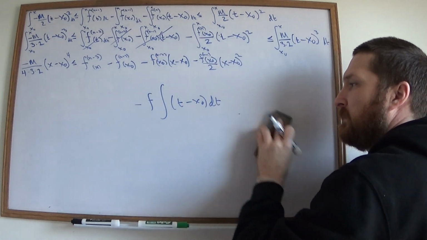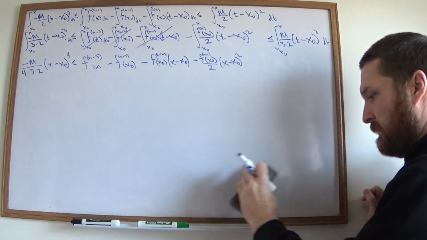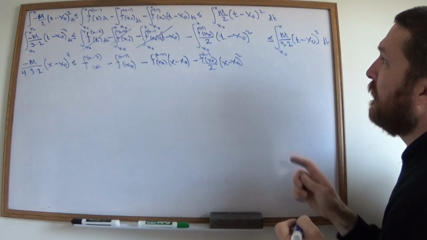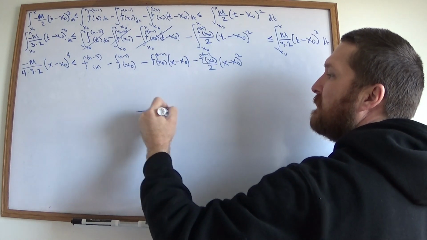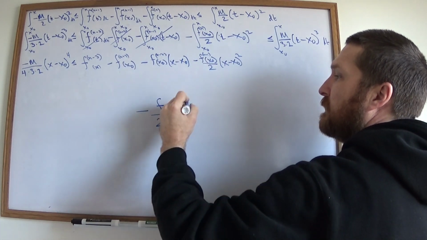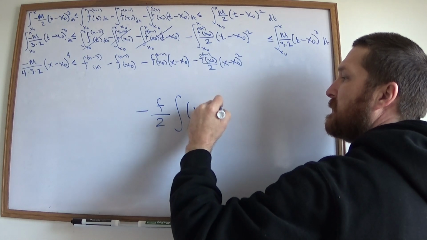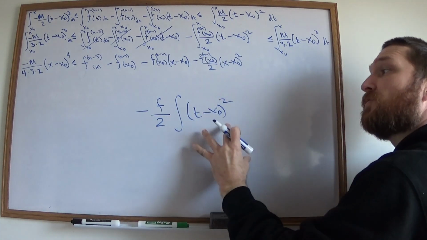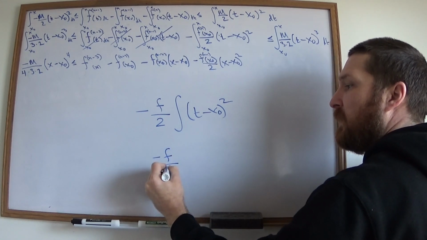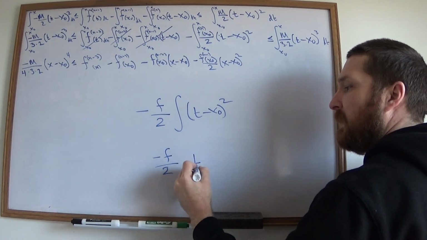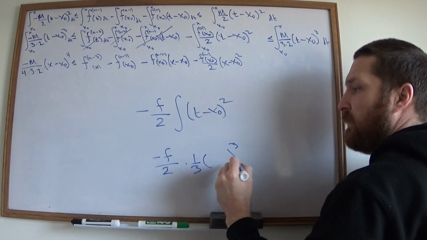Now, this one, pulling out that constant, gives me this integral t minus x0 squared. So now he's going to come up, get a 3 in the denominator. He'll go up to 3.